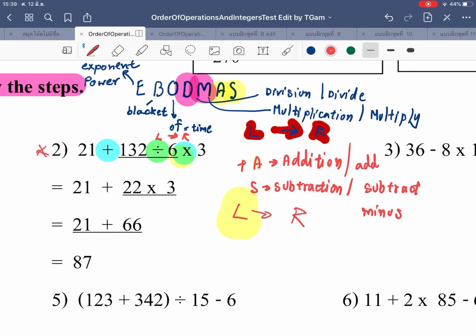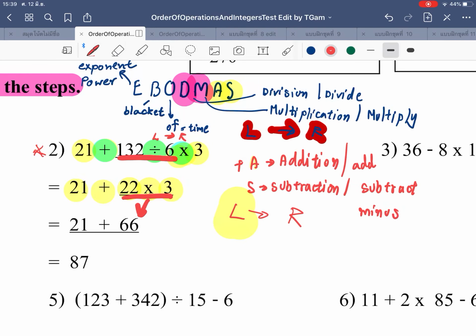So you start from this, then you just have 21, add, take 132 divided by 6, so it's equal to 22, add number 3. Then you do 22 times 3 is 66, so the next line is 21 add 66, then 21 add 66 is 87. This is the solution.